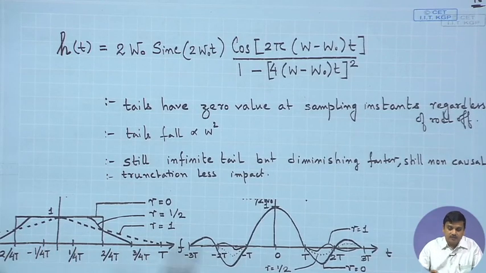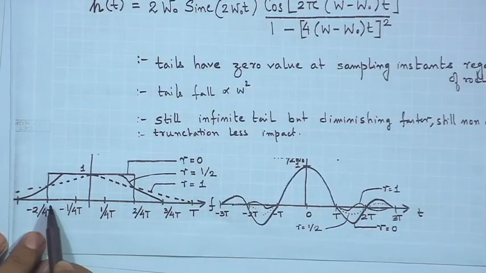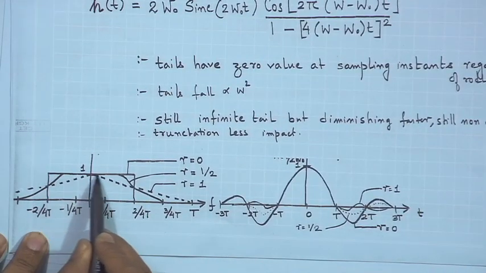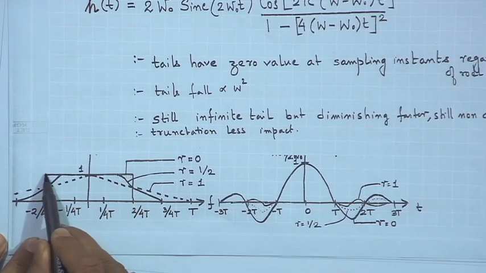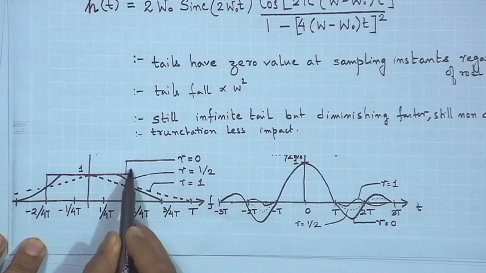What we see is, if I bring it to the center, that if we have the roll off factor of 0, we get the rectangular ideal Nyquist filter.